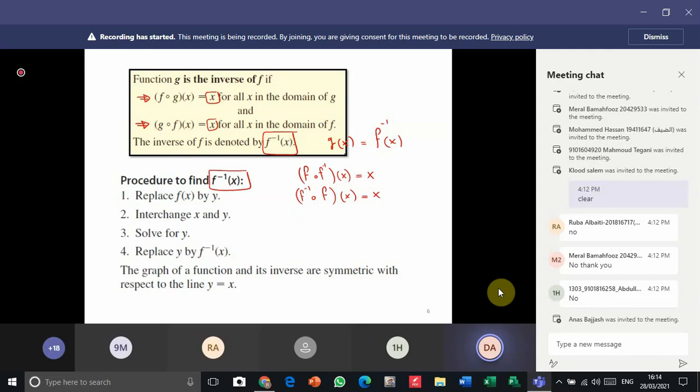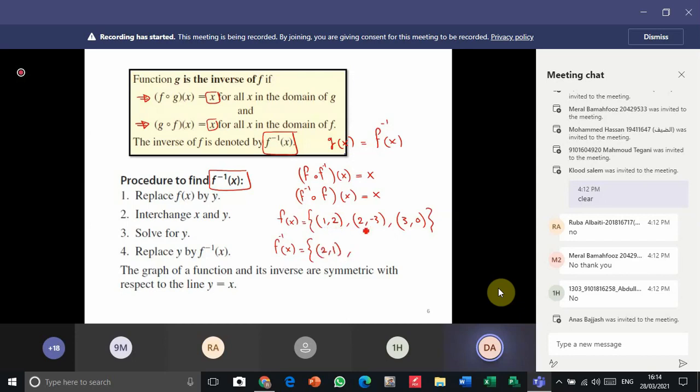A simple example about the inverse: if f of x equals 1 with 2, 2 with -3, and 3 with 0. So the inverse function equals what? We have 1, 2, so the inverse must be 2, 1.